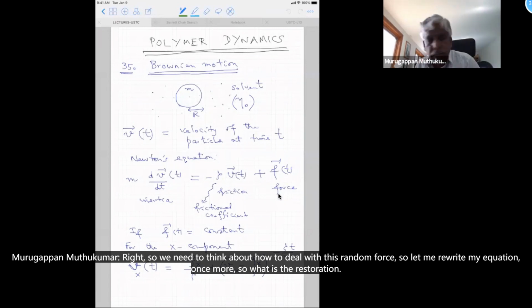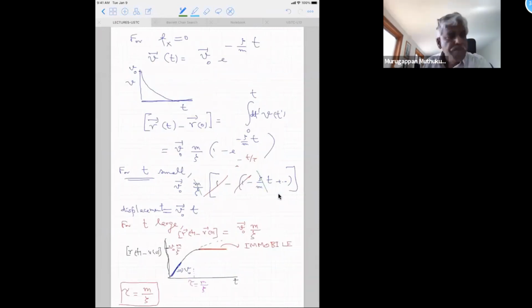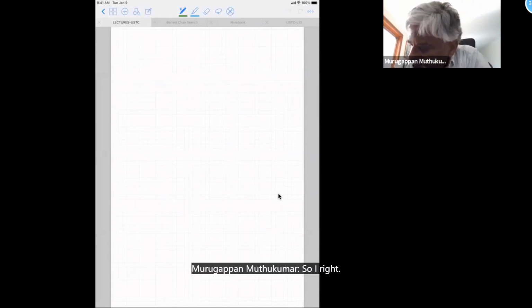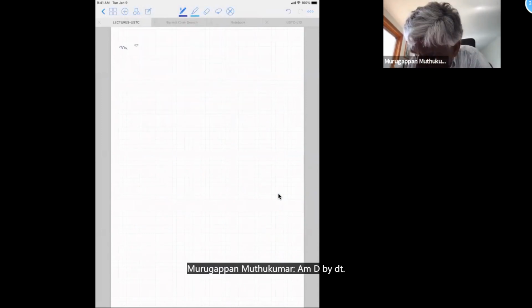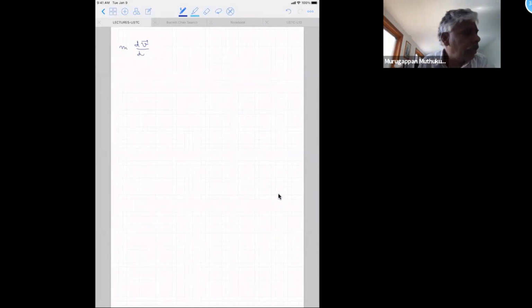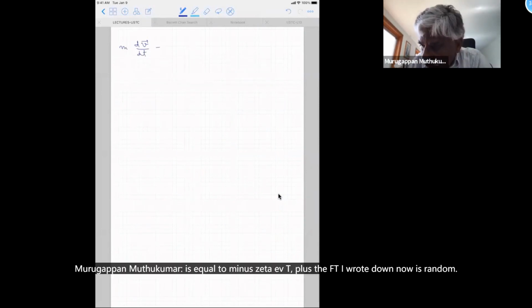So let me rewrite my equation once more. So what is the resolution? I write m dv/dt equals minus zeta v(t) plus this f(t), which I wrote down now is random.